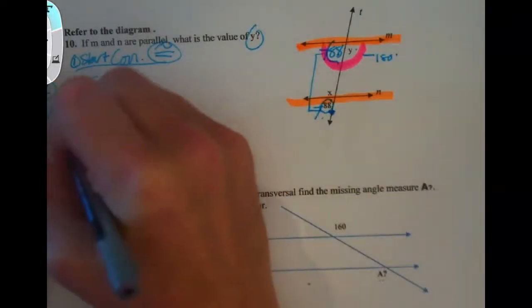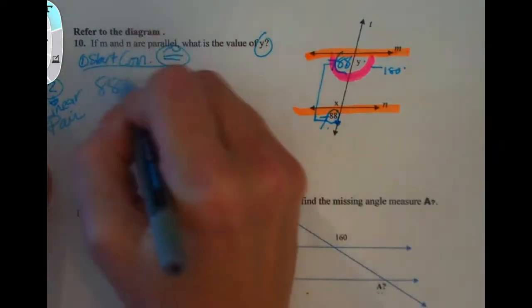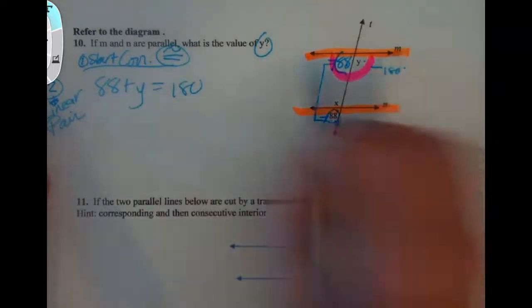We're allowed to do that because we know the definition. I can take this 88 plus my Y, and that should equal 180 because it's a straight line.